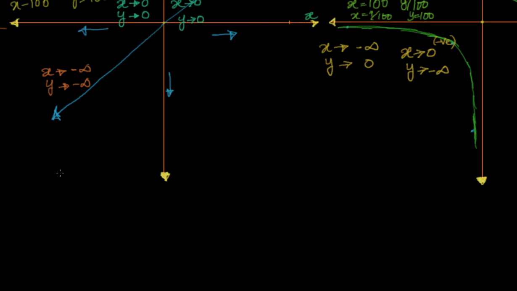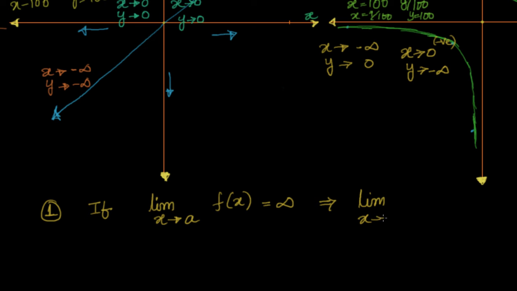The first one: if limit of x tends to a particular value a, f of x is equal to infinity, that implies that limit x tends to a, 1 by f of x is equal to 0.